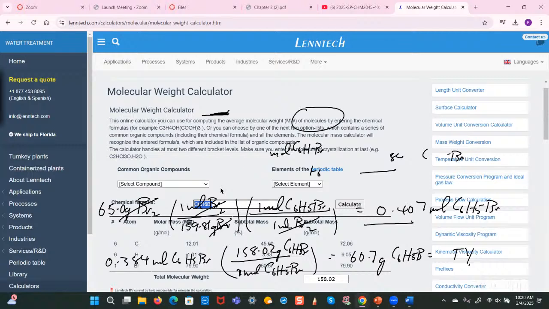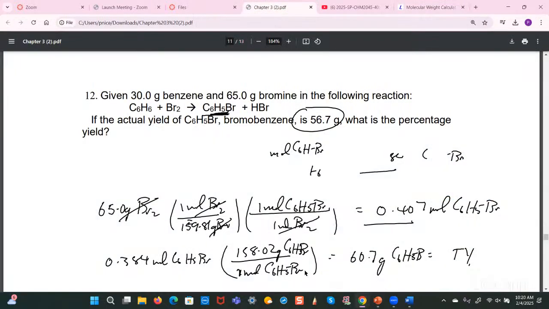What's the molar mass of bromine? 79. I think this is correct, actually. The Br by itself is 159, so I. No, the Br is 79.9. Oh, there's two, okay. Right. Oh, you're thinking of Br2. Yeah. Okay. Hey, don't worry, it happens to the best of us.